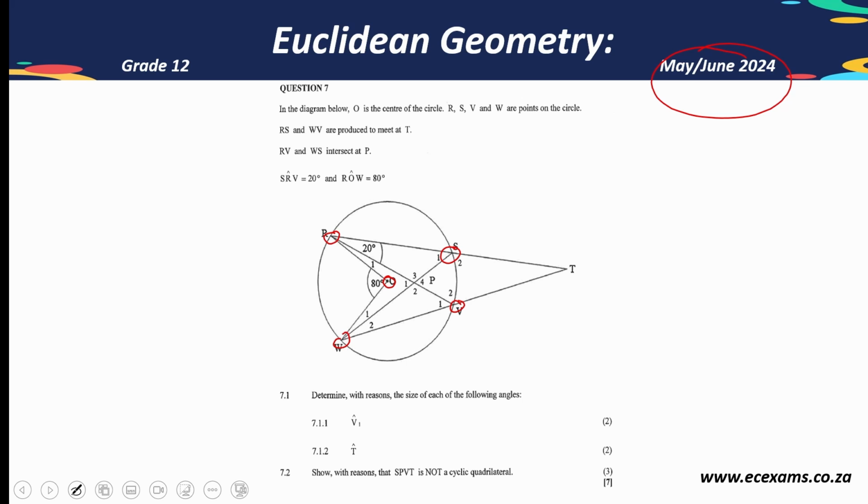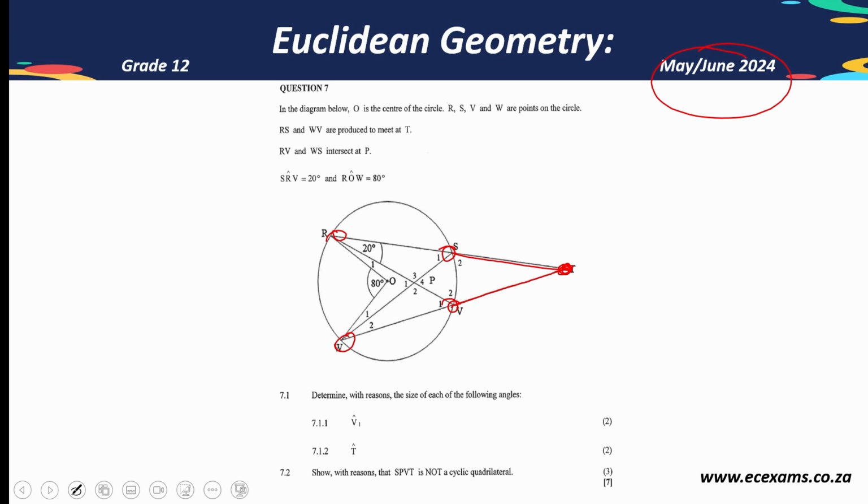Furthermore, we are told that RS and WV are produced to meet at T. A big, ugly, funny word just to say that those two lines go out and they meet outside at point T.